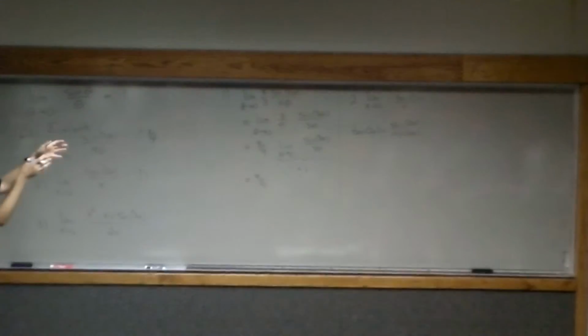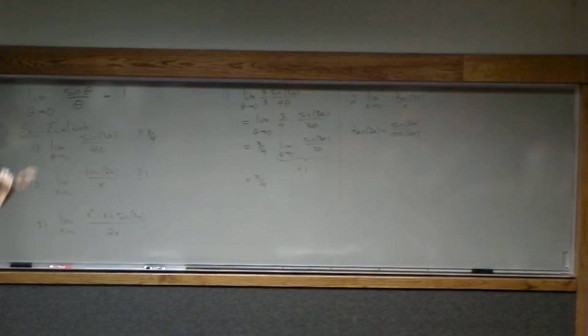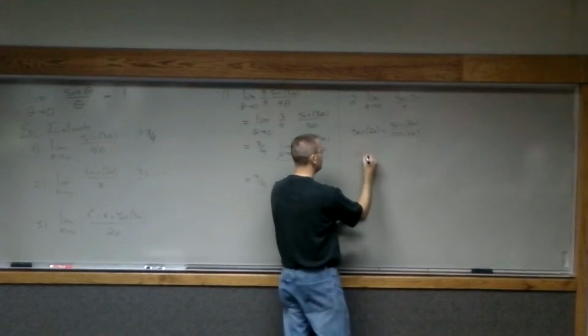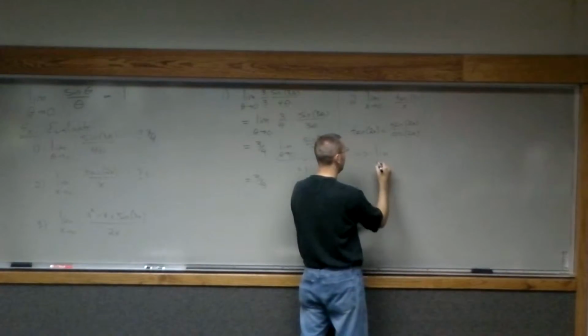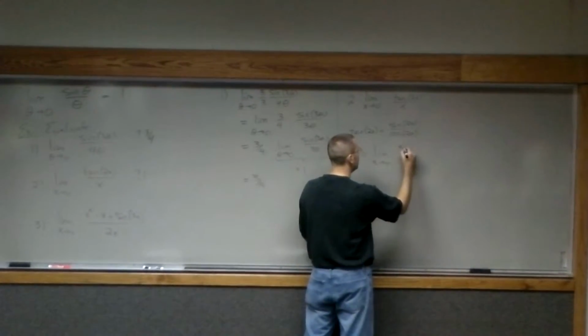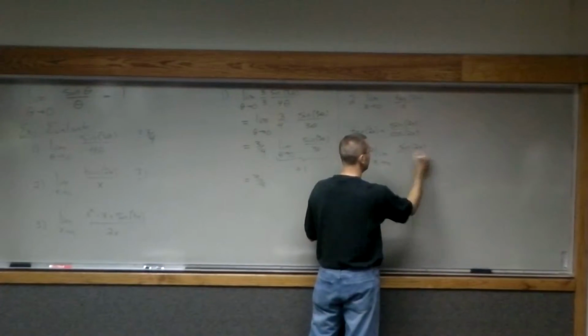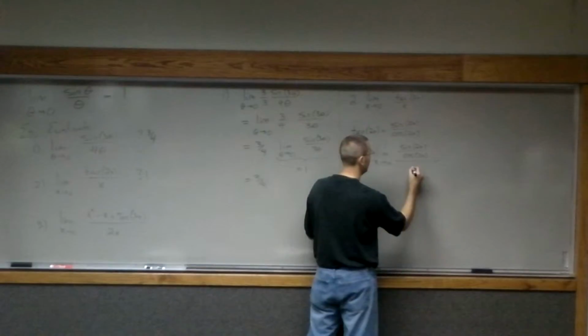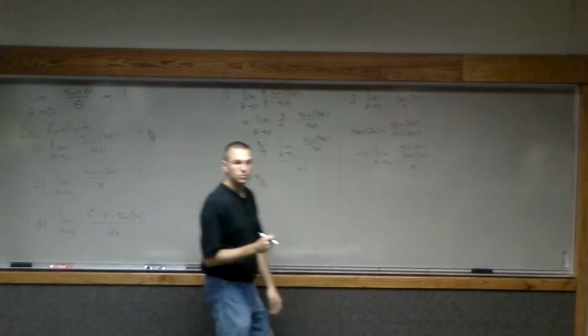So what I'm going to do now is make this substitution into my limit. When I do that, what comes out looks something like this. Sine of 2x divided by cosine of 2x, all of that divided by x. Right?